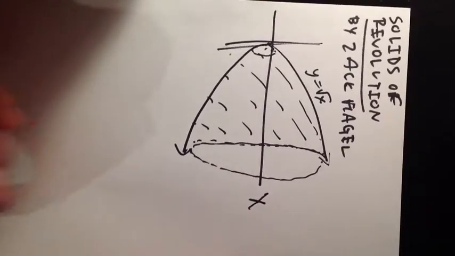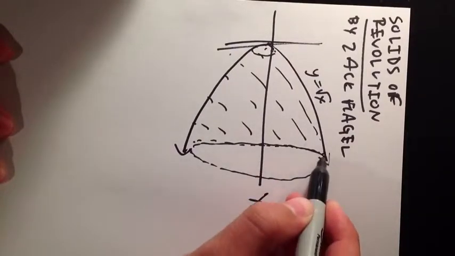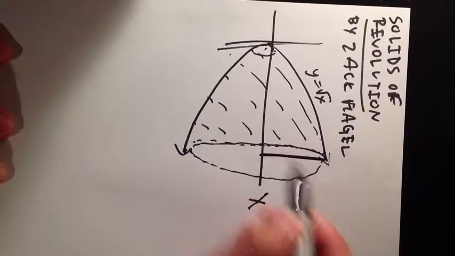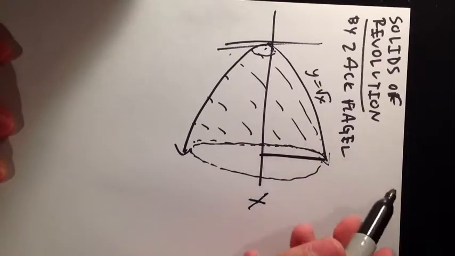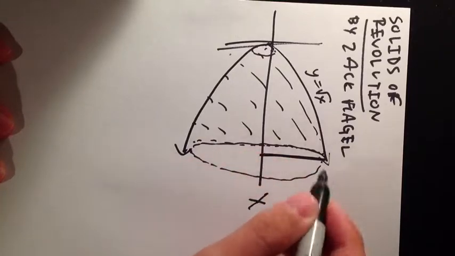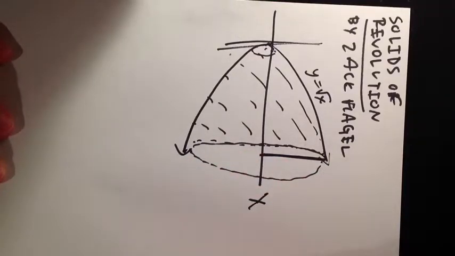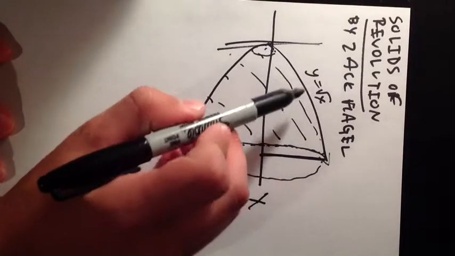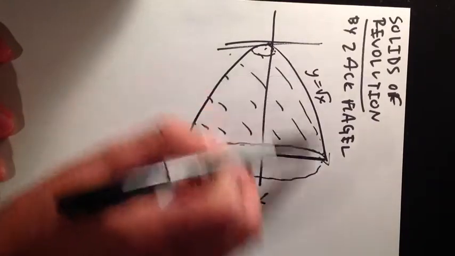Now, let's say we're looking at the radius, and we're trying to see what the radius is at a certain point. Let's say right here, this would be the maximum radius, of the large circle of the opening top. Well, we know that y equals radical x. That's our equation.